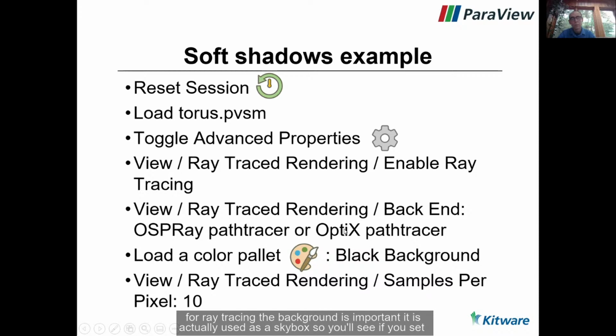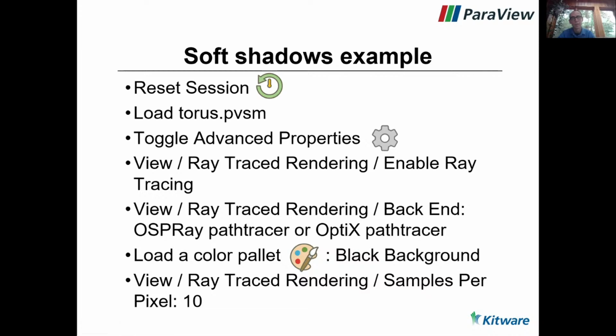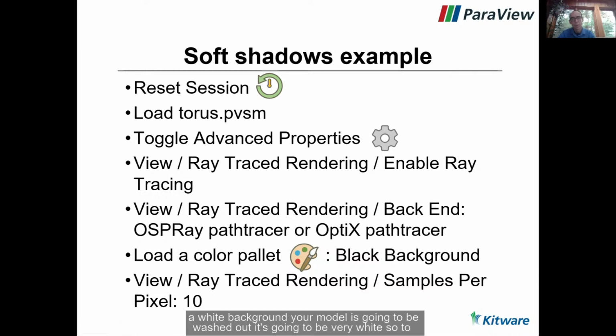For ray tracing, the background is important. It is actually used as a skybox. So you'll see if you set a white background, your model is going to be washed out. It's going to be very white. To see the model with only the lights that are in Paraview, you have to set a black background.